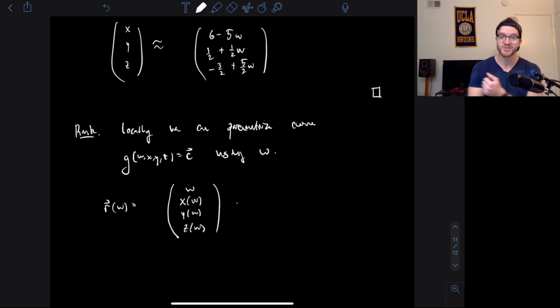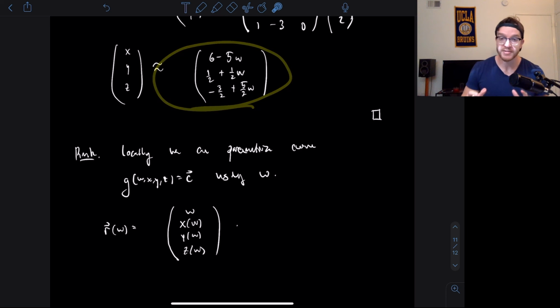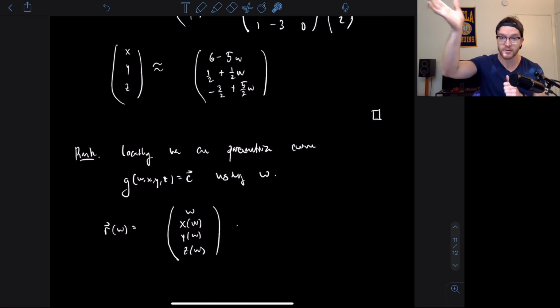So again, this is a geometric way to think about what we're doing here. Furthermore, what this linear approximation basically describes is the tangent line to that curve at this point.